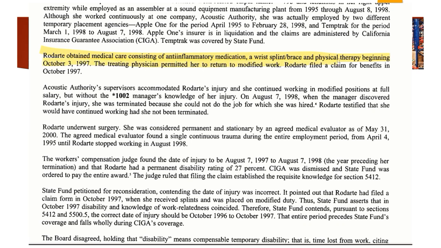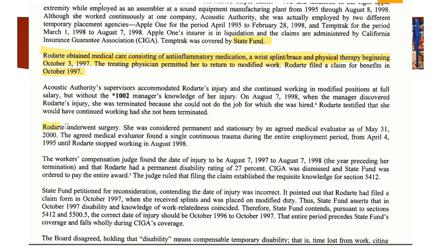She filed a claim for benefits also in October 1997 during the period of insurance by SIGA, entirely outside of the liability period of State Compensation Insurance Fund. So State Compensation Insurance Fund is happy with these historic facts because they point to a date of injury prior to their period of liability coverage.